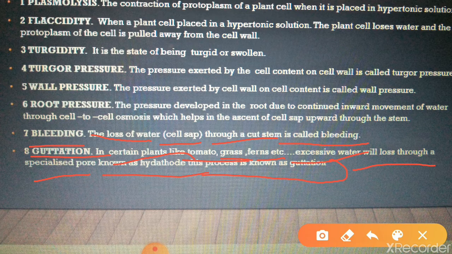What are examples? Tomatoes, grass, ferns, etc. In these plants, excess water will be lost through where? Through specialized pores, which we call hydathodes. Through these hydathodes only, the excess water can be lost. That process we can call guttation. Is it clear?